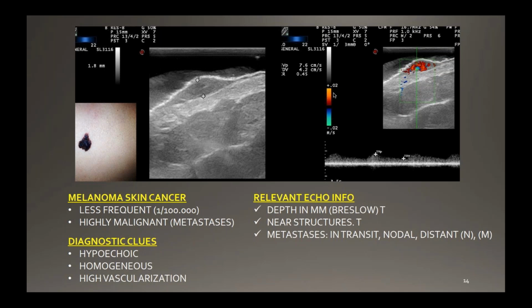Good staging is local staging of the tumor and regional staging of the tumor. We can offer a sonographic Breslow with high frequency probes. Now we are able to give our dermatologists the depth in millimeters that correlates very well with the histological Breslow. Here in Europe, we are starting to have a different strategy of surgical treatment with ultrasound.